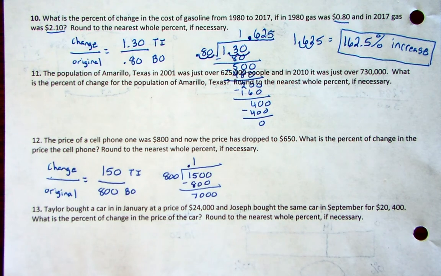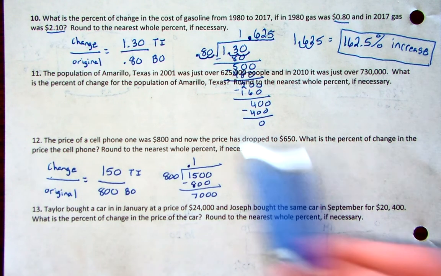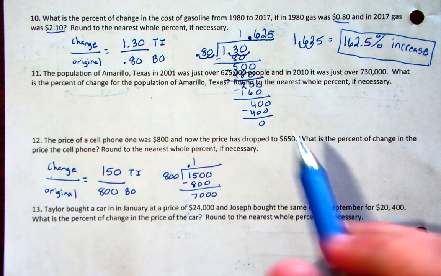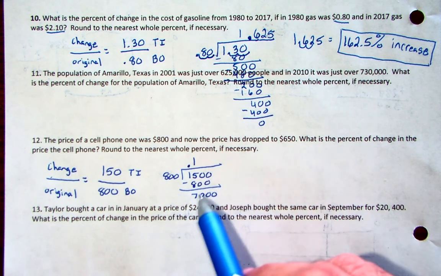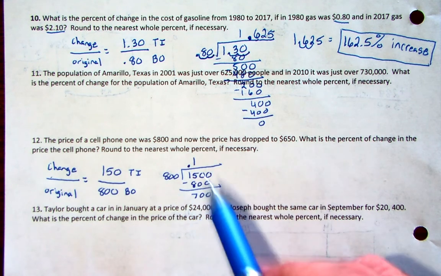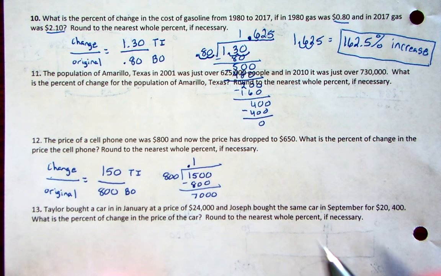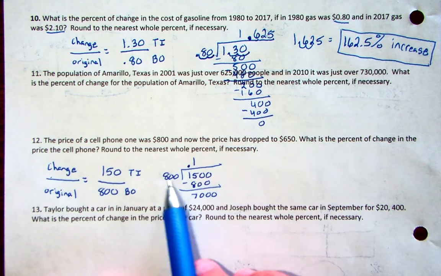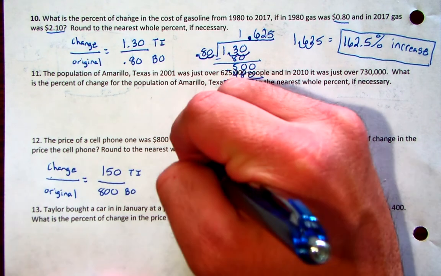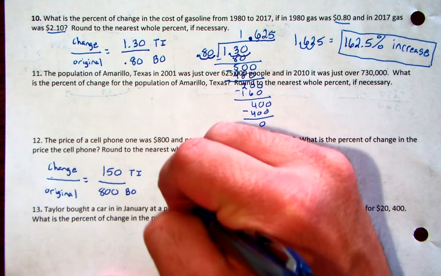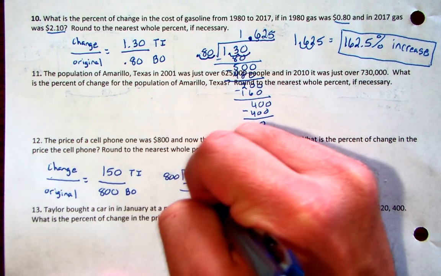Well, I'm not even going to do that because we know 800 times 10 is 8,000, so it's got to go in there less than 10 times. We know 8 times 9 would be 72, so 800 times 9 would be 7,200. That's too much. 8 times 8 is 64, therefore 800 times 8 is 6,400. So it goes in there 8 times.